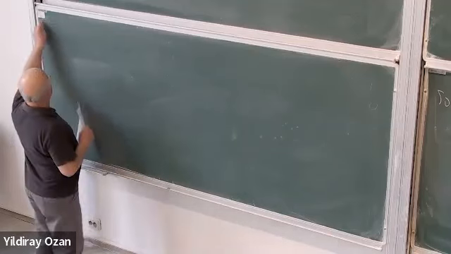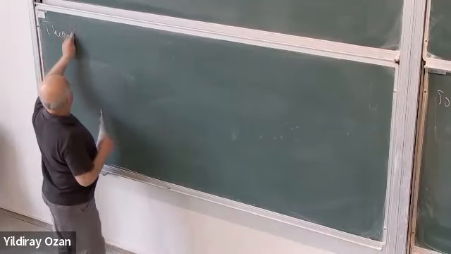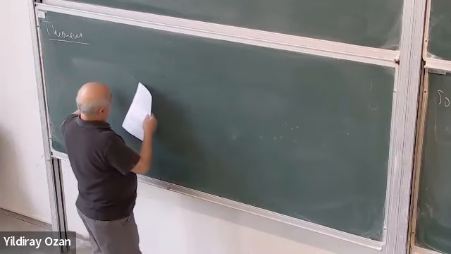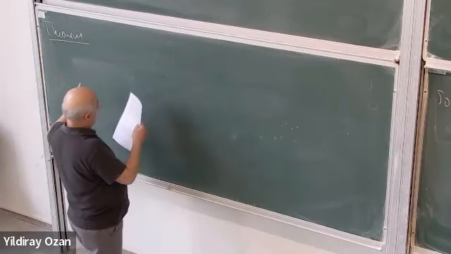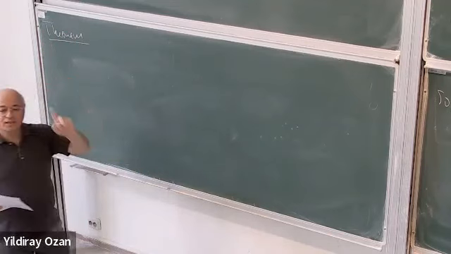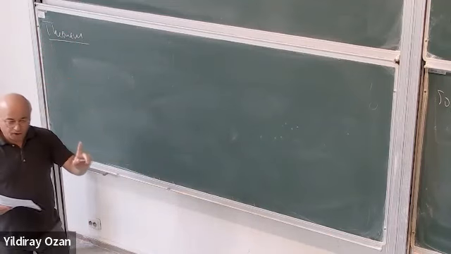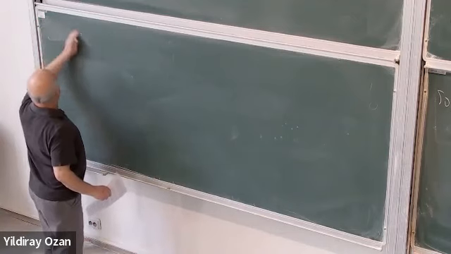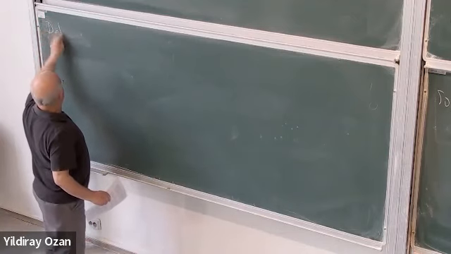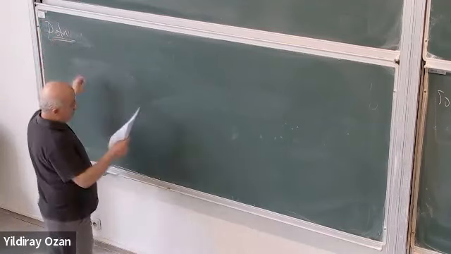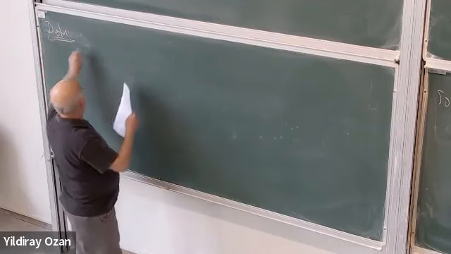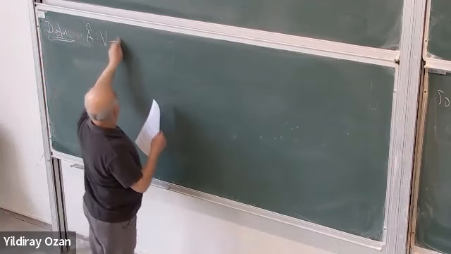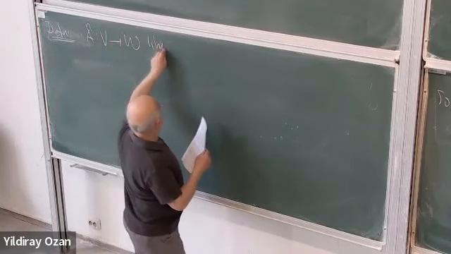Okay, so last time we wrote this theorem, but we didn't prove. What was the rank? Rank was the dimension of the image, right? Maybe I should start with the definition. If we have a linear map, suppose this is a linear map.